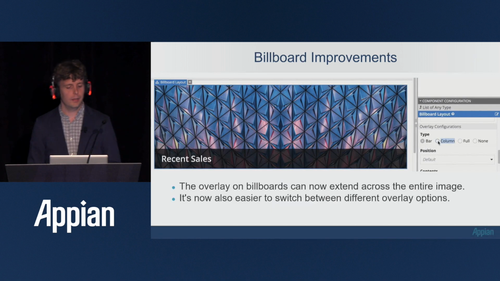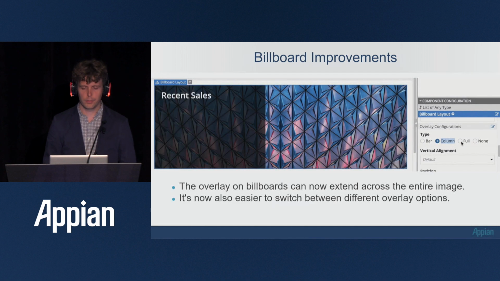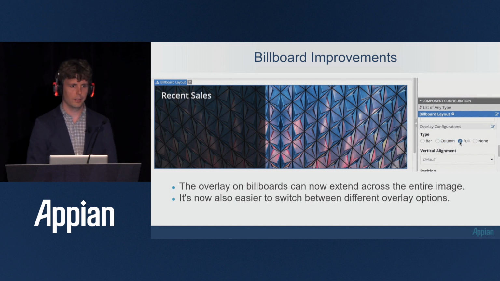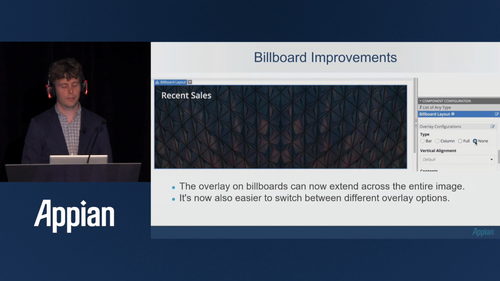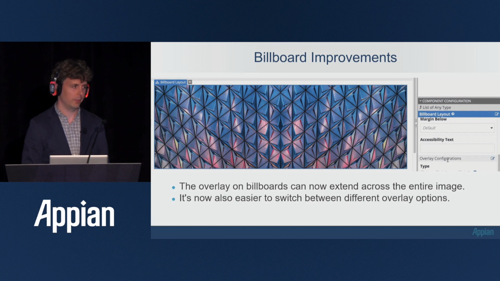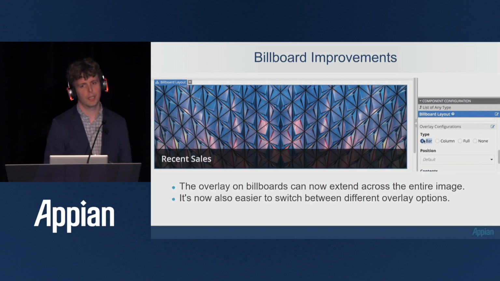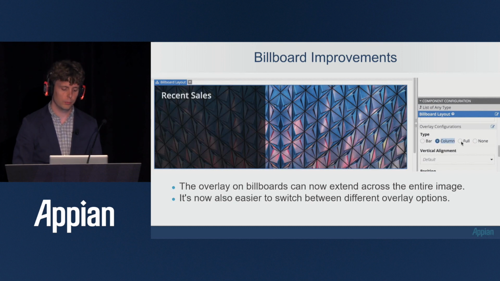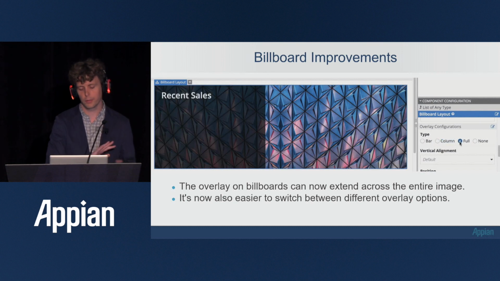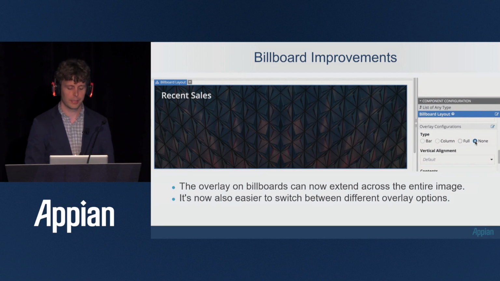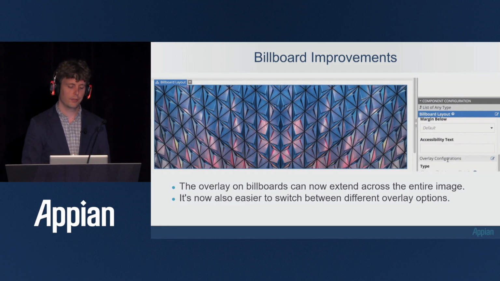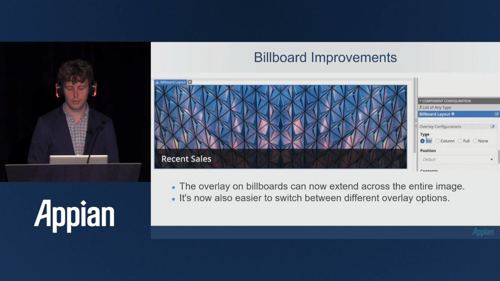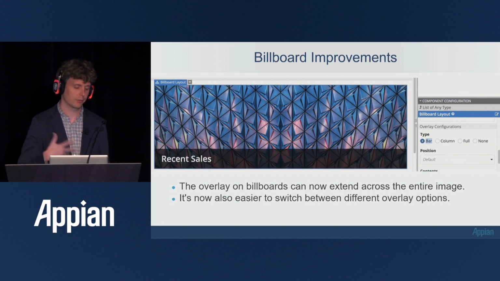Now, smaller thing, but the Billboard component, this is one of our most popular components of the set that we released in the last year or two. It's a great way to have visual interest, especially at the top of a dashboard or a task. And we added a new option there for people who use an overlay, where you can put text or even some kind of components into that overlay. So we added some ability to have that overlay totally cover the background image if you want to put a lot of things there.